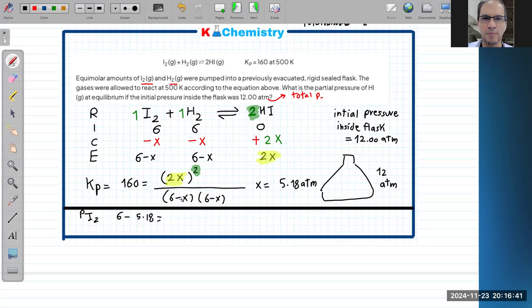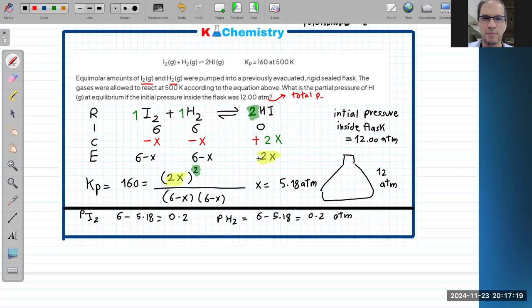So at the equilibrium, it becomes 6 minus 5.18, which does not require a calculator, it's just 0.2. And the pressure of H2 at equilibrium is again 6 minus 5.18, so that's equal to 0.2 atm, of course.